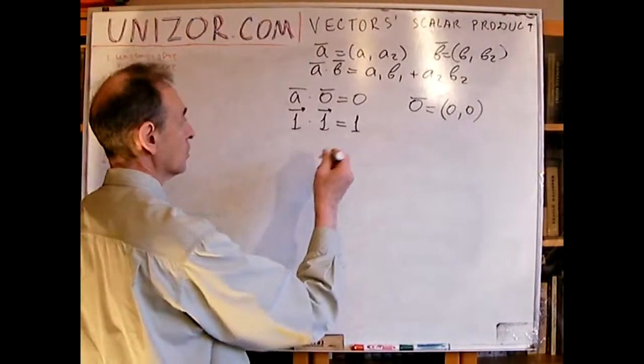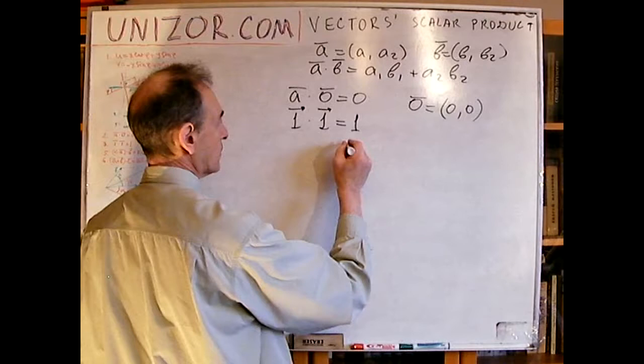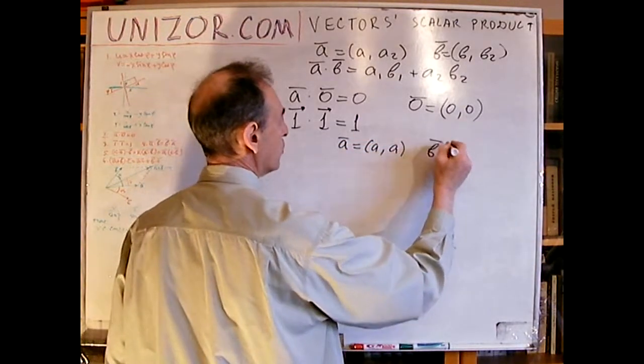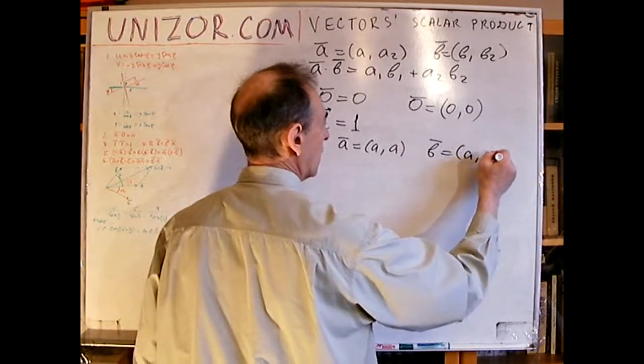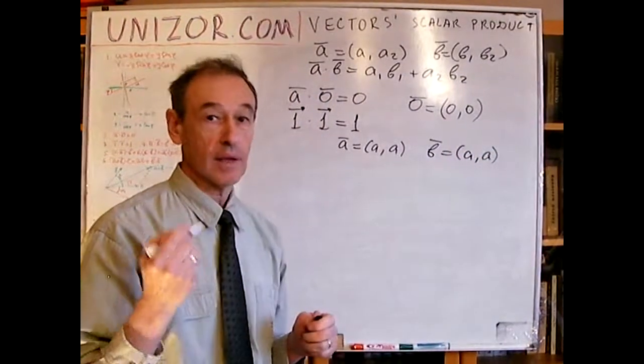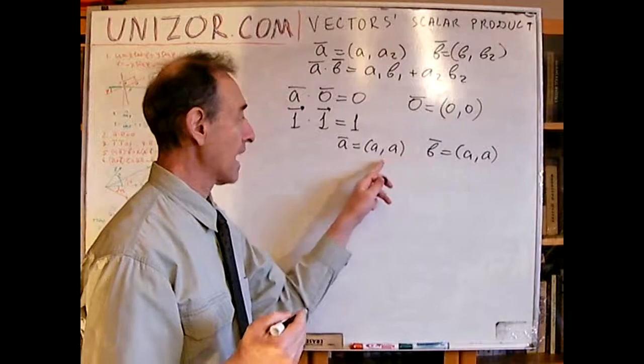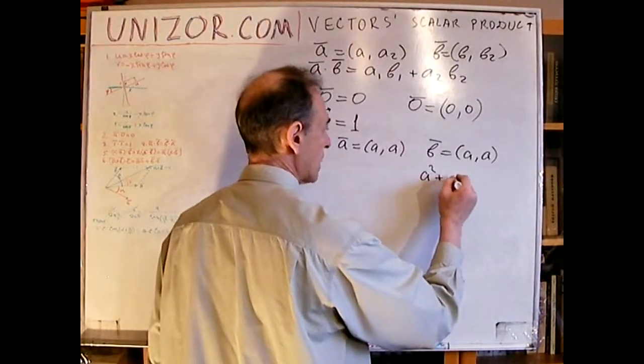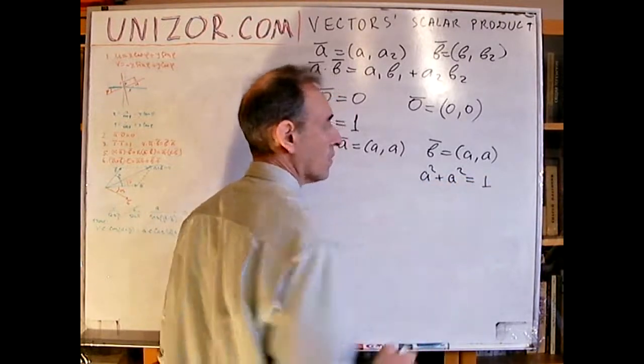So the formula would be, in this case, so the a would be, let's say, aa, and b would be aa. And what do I know? I know that the length of this vector aa is equal to 1, which means what? Which means a squared plus a squared is equal to 1, correct?